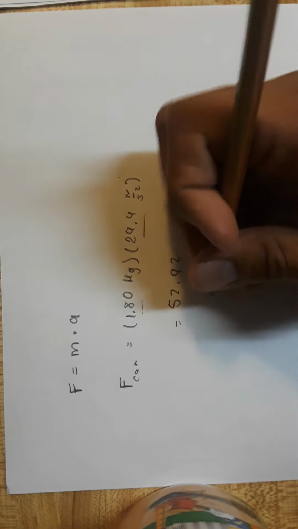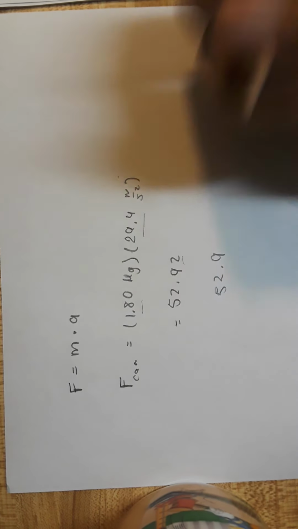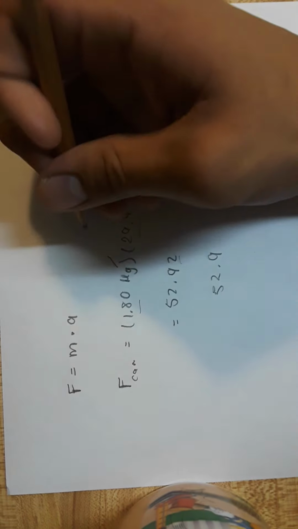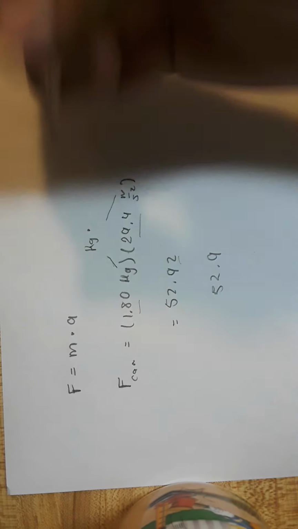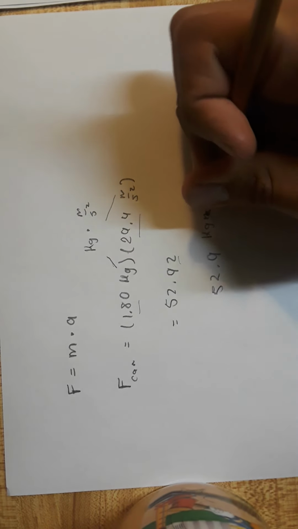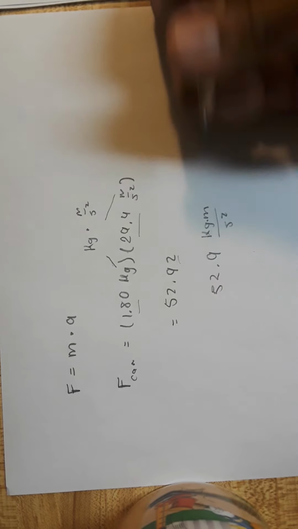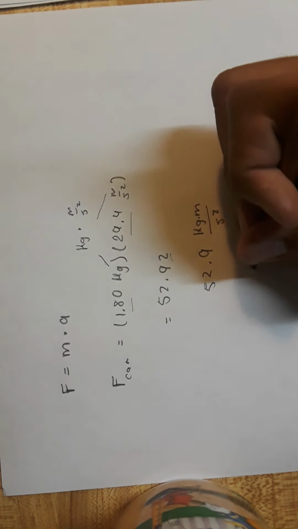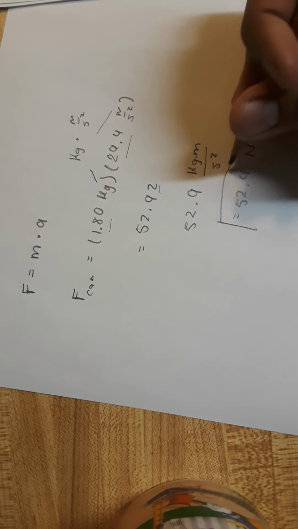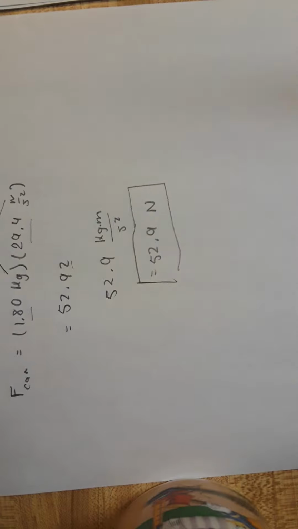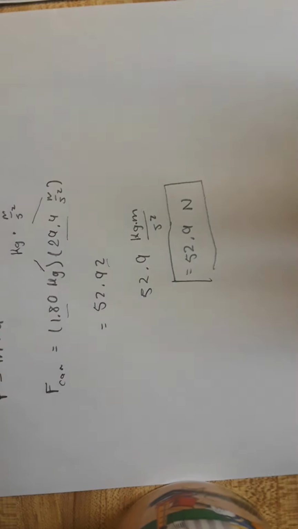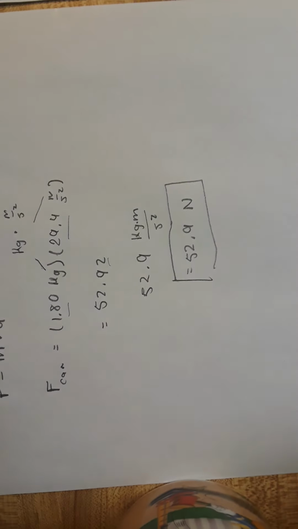So we have 52.9, and the units are the composite of kilograms times meters per second squared, so kilogram meter per second squared, which just translates into 52.9 newtons. Okay, so there's your answer. So how exactly do we check this? It would be really cool to check the graph first, so I'm going to bring that up here.